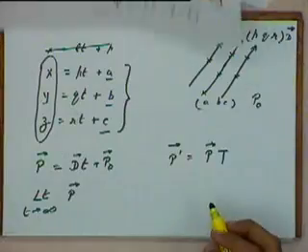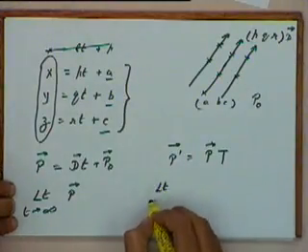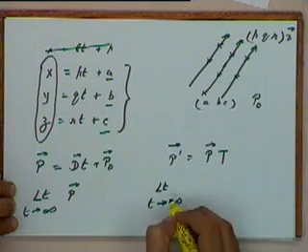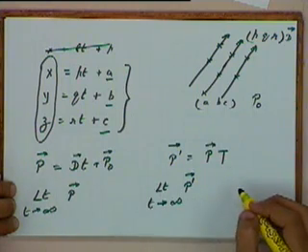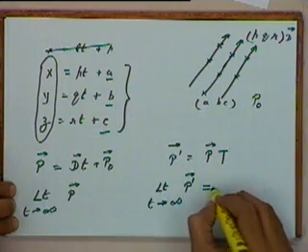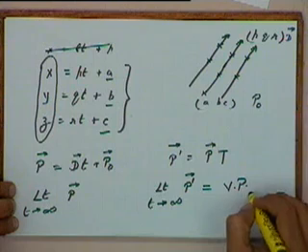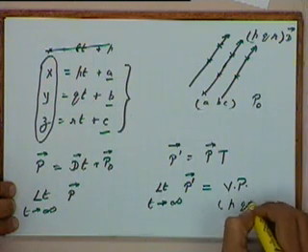Now if I take the limit t tending towards infinity of P prime, I say that this will be equal to the vanishing point in the direction of PQR.